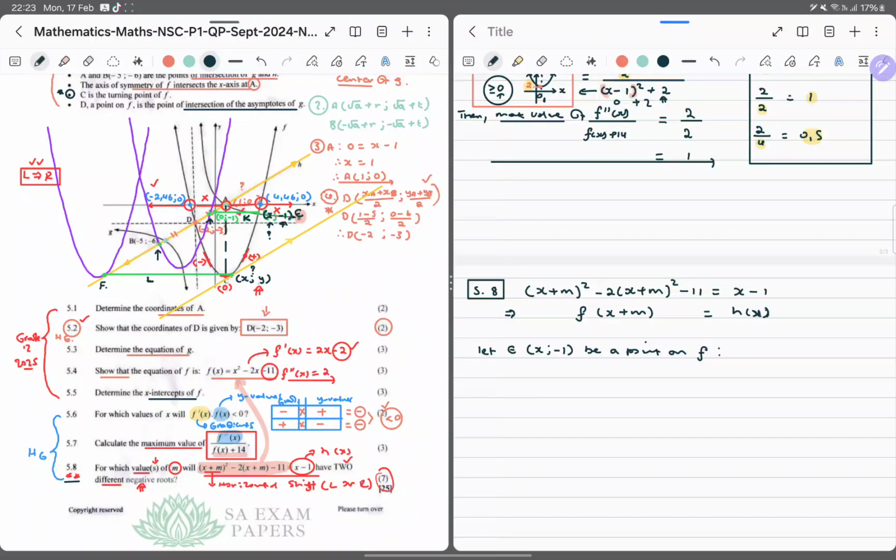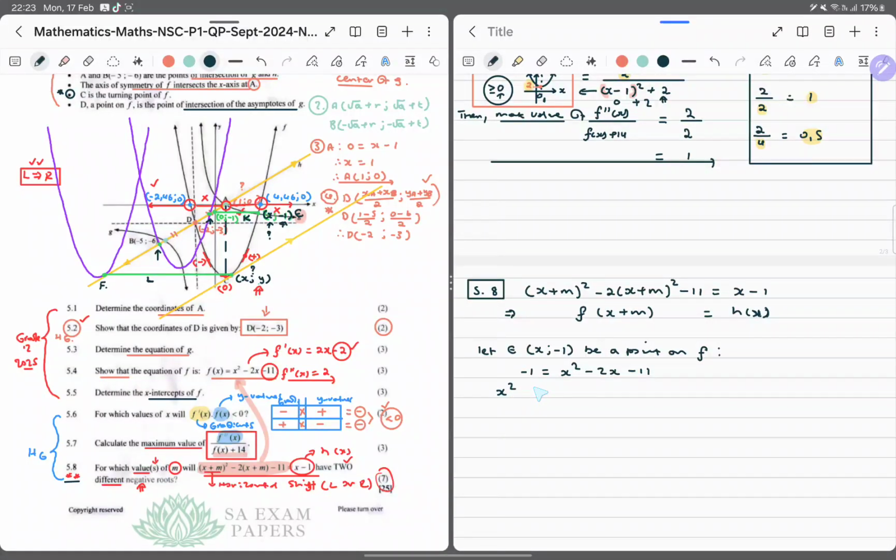We know the y value, we want the x value. So such that we're going to have -1 is equal to x² - 2x - 11. Then we solve for x by moving this.